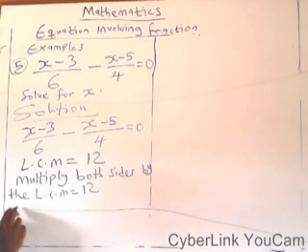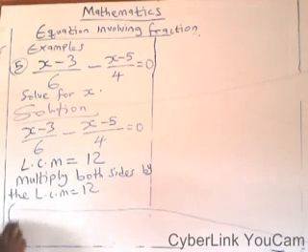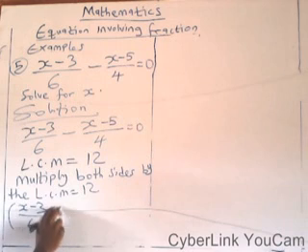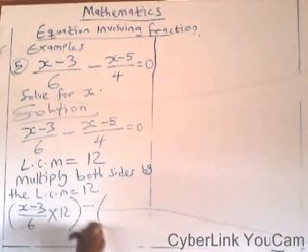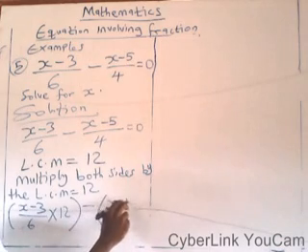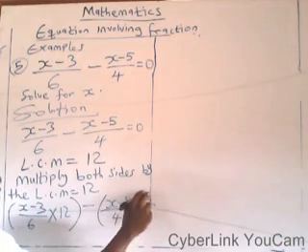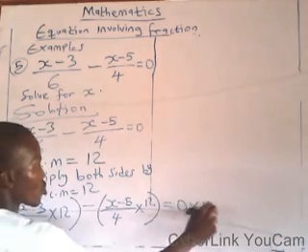We are now going to have, in that case, we need to introduce what we call brackets. Bracket x minus 3 over 6 times 12, close the bracket, minus another bracket x minus 5 over 4 multiplied by 12, close the bracket, is equals to 0 times 12.